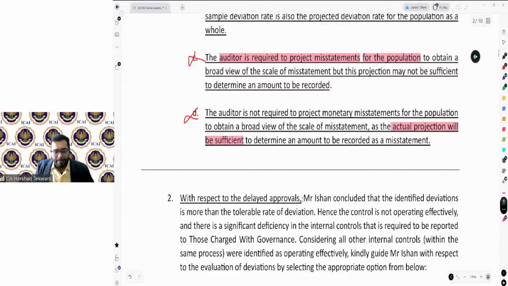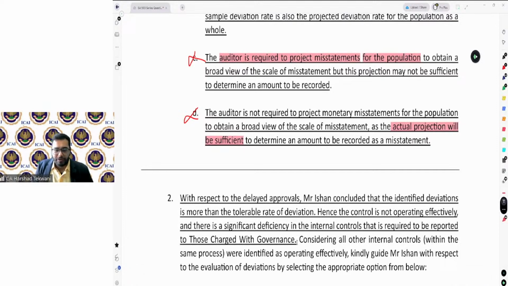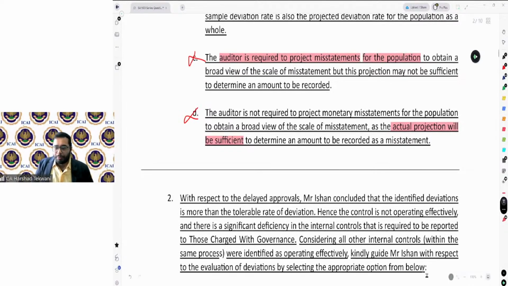With respect to the delayed approval, Mr. Ishan concluded that the identified deviation is more than the tolerable rate of deviation. Hence, the control is not operating effectively. And there is significant deficiency in the internal controls that require to be reported to those charged with governance. Considering all other internal controls within the same process were identified as operating effectively, kindly guide Mr. Ishan with respect to the evaluation of deviations by selecting the appropriate option from below.